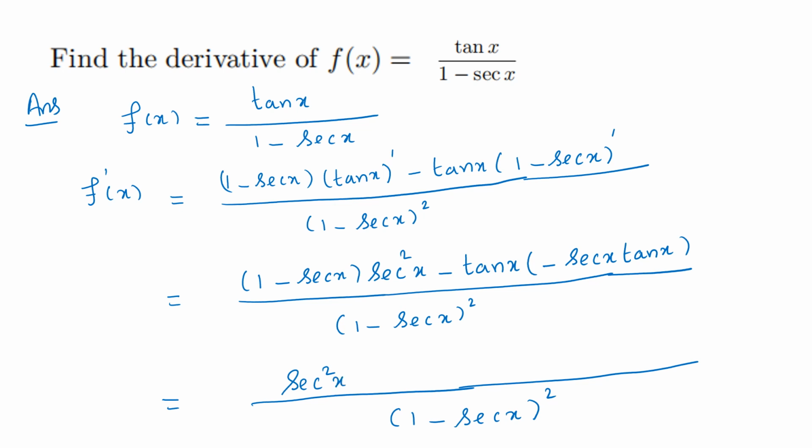Then minus sec cube x. Here minus times minus, plus sec x times tan square x.